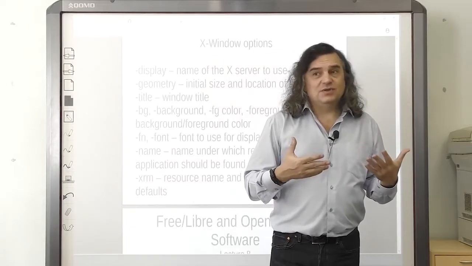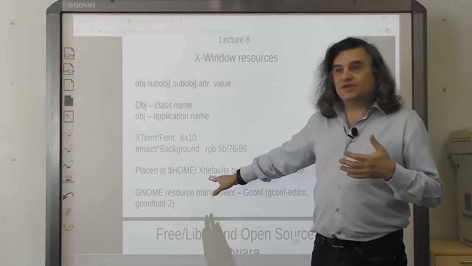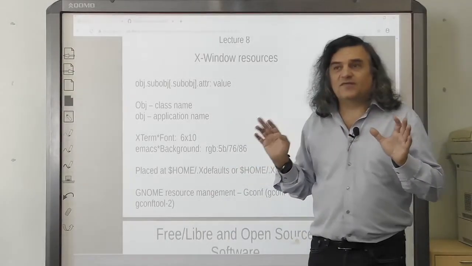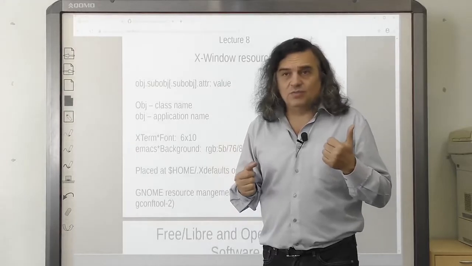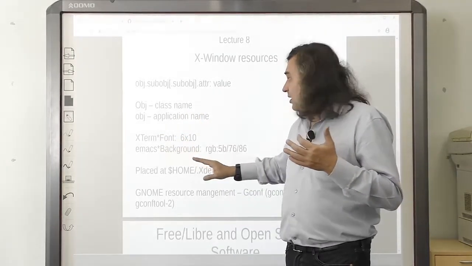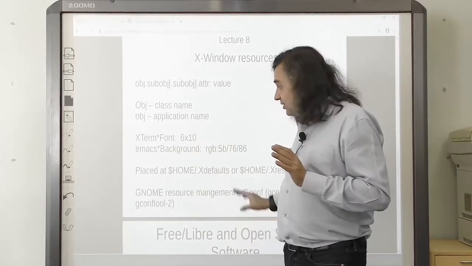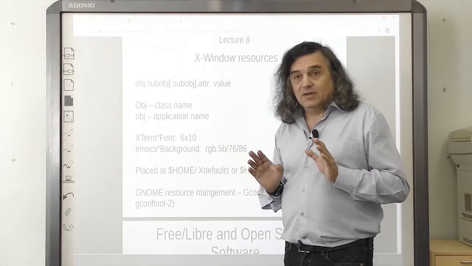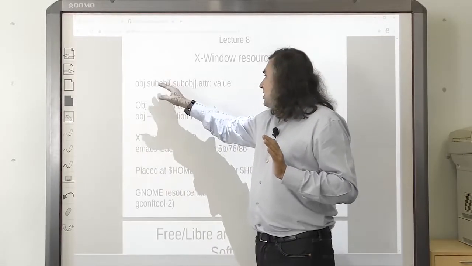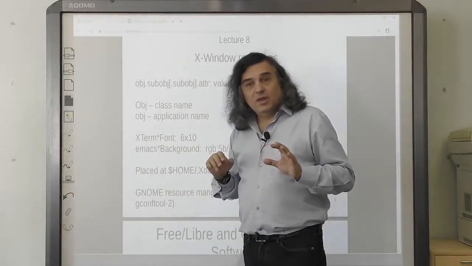Resources must be located in the .Xdefaults or .Xresources file in the home directory and can be processed by the xrdb utility or on the fly. The description looks like this: object, sub-object, attribute, value.